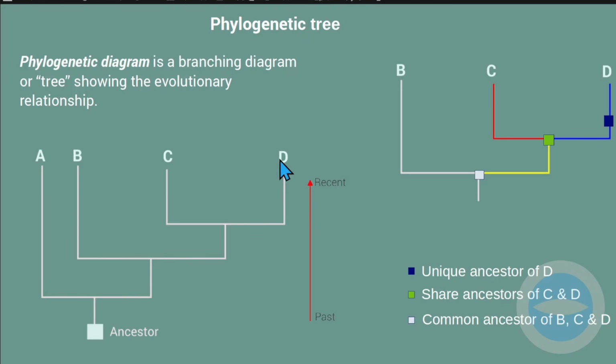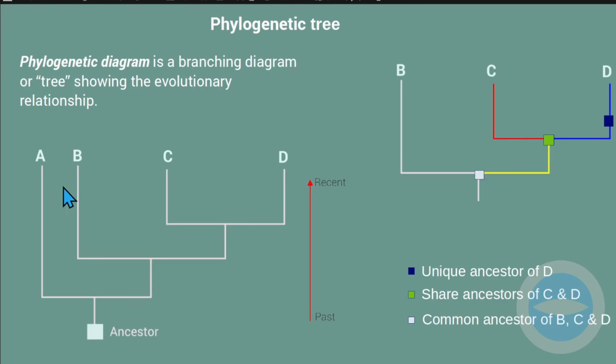What is closer is D, because here D and B, at this space, share the same ancestor. That means B and D are closer compared to B and A. So A is far from all of them.